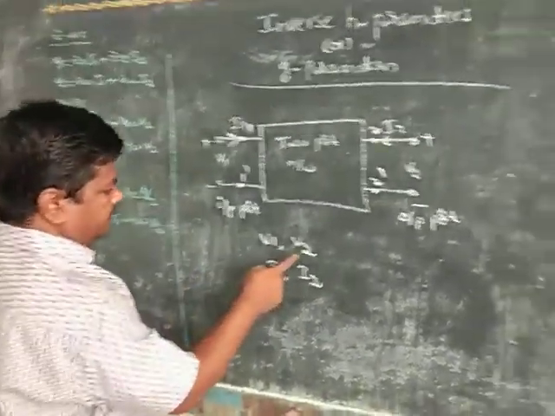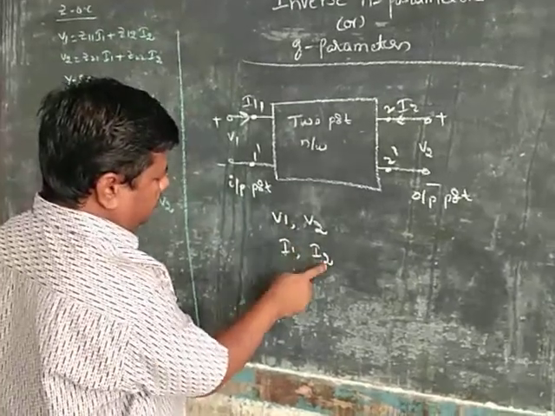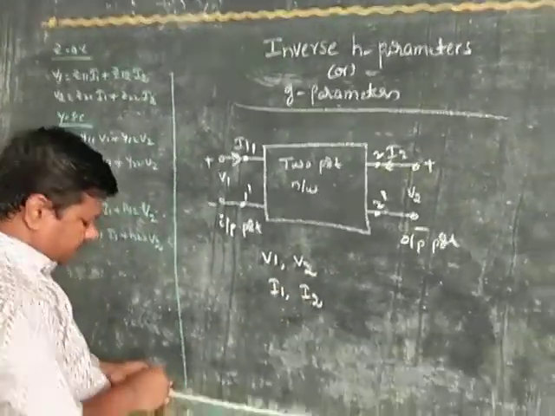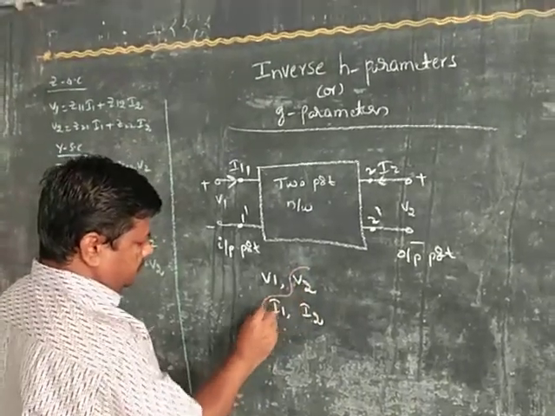In H parameters, V1 and I2 are the dependent parameters. Now here in inverse H parameters, it is the opposite.